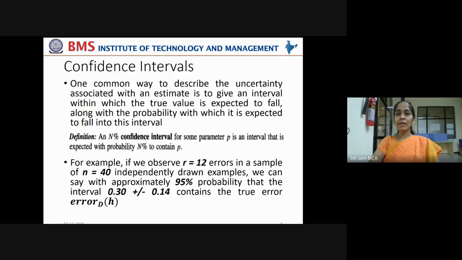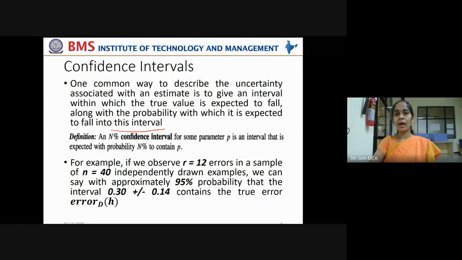Now, one common way to describe the uncertainty associated with an estimate is to give an interval within which the true value is expected to fall, along with the probability with which it is expected to fall into this interval. So what is a common way to deal with uncertainty? What is uncertainty, first of all?